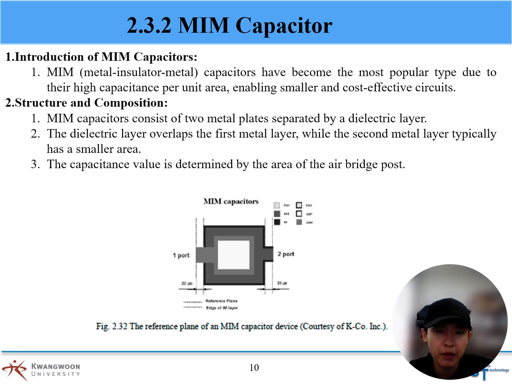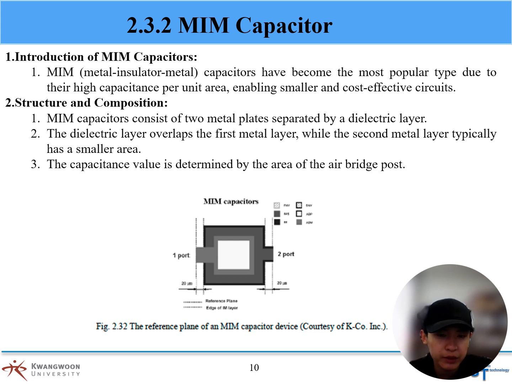Next is the MIM capacitor. First is the introduction of MIM capacitors. MIM capacitors have become the most popular type due to their high capacitance per unit area, enabling smaller and cost-effective circuits.